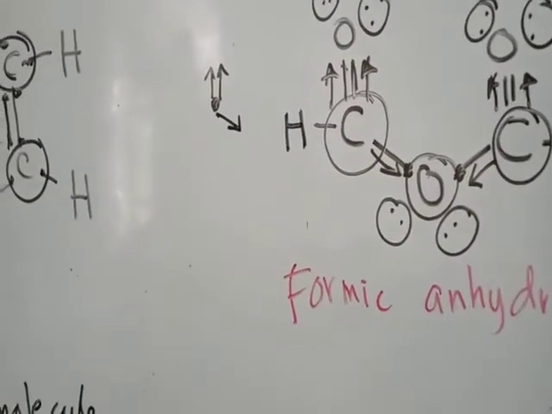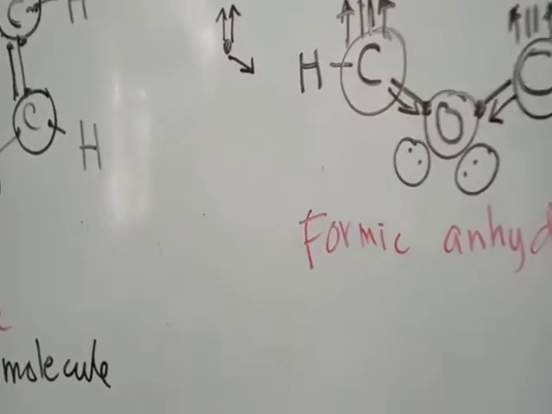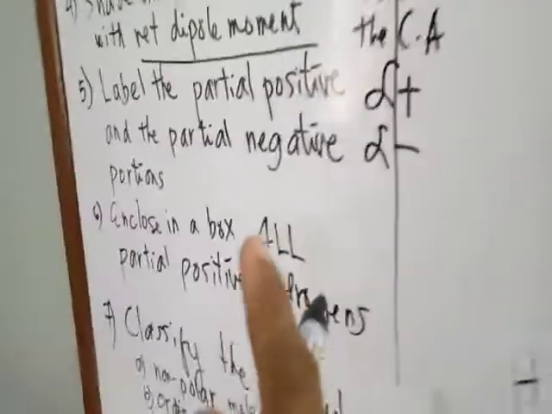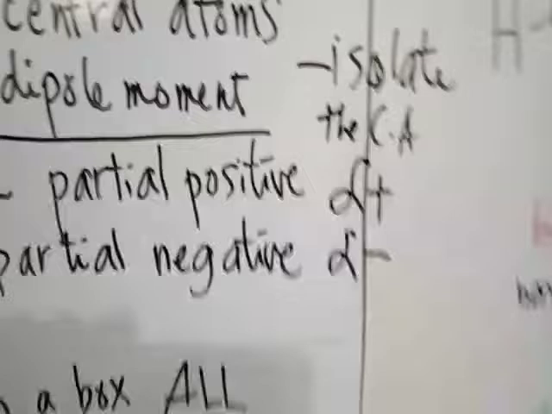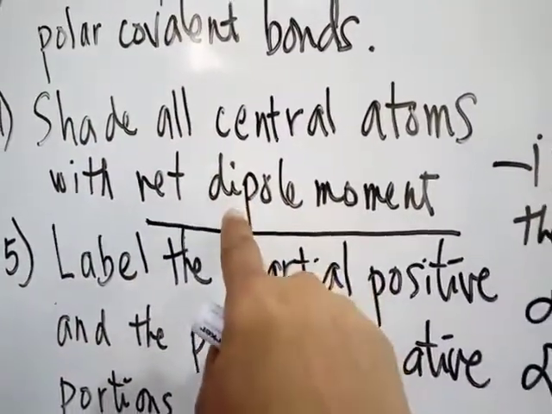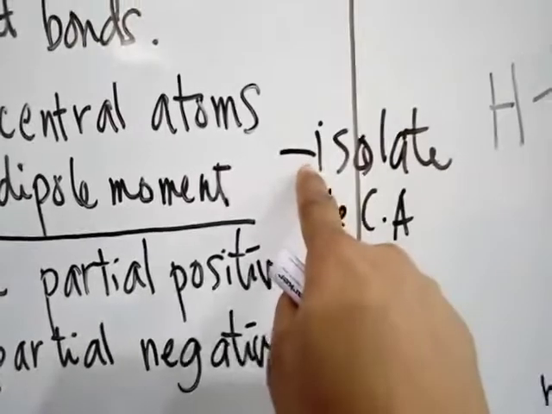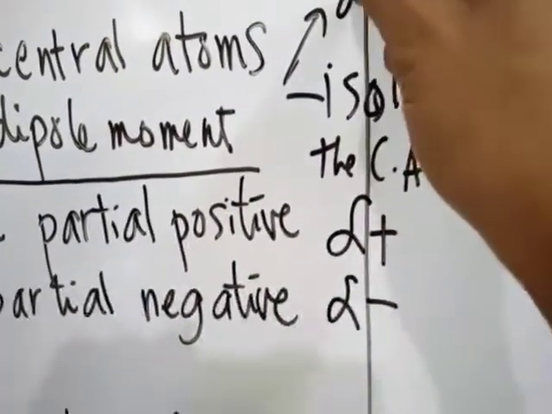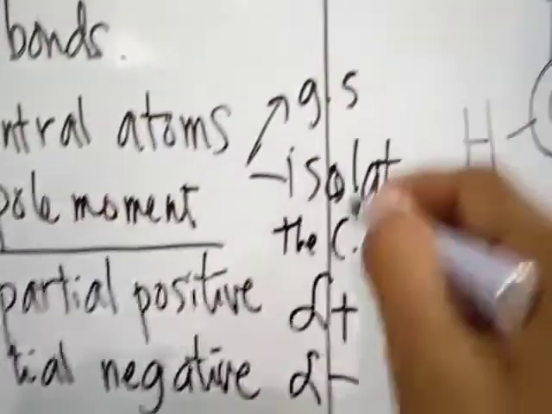We are not done yet. There is one step here. In determining the net dipole moment, you don't just isolate the central atom. You also have to know the geometric shape of the central atom.